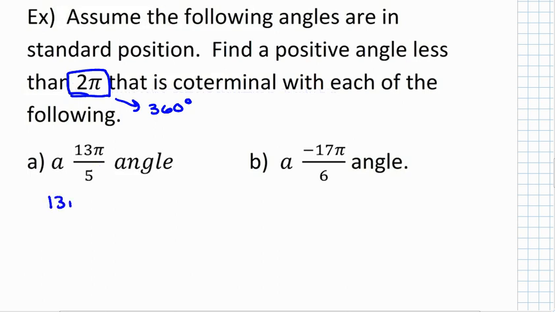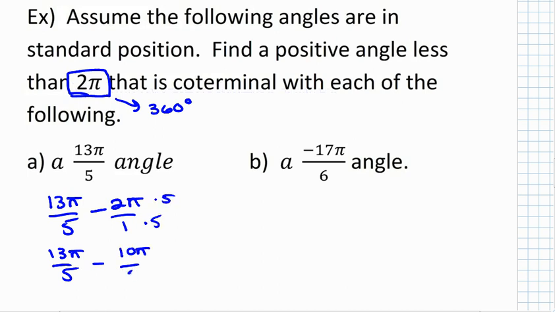So when I do this, I'm going to subtract 2 pi. Now remember, when you subtract, you get a common denominator. And remember, if we multiply by 5, we get 10 pi over 5, which means that 3 pi over 5 is the coterminal angle.